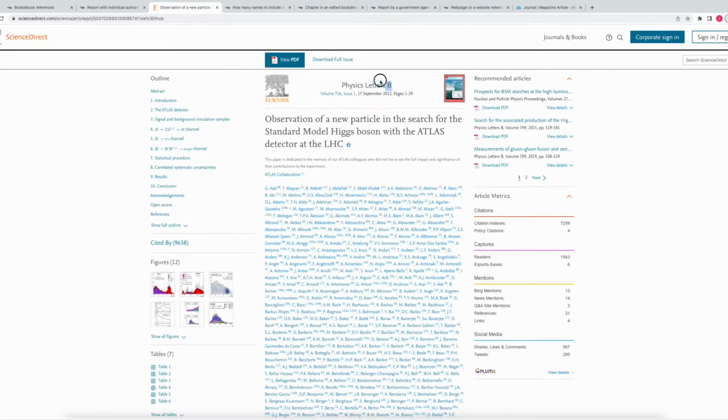So I know this is from Physics Letters B, and this is the article title, Observation of a New Particle. If you're out online, look for clues like volumes and issues. Elsevier and ScienceDirect are publishers and vendors, and it's easier to confuse them sometimes as a journal name because they are flashier and have fancy logos. But really, you want to look for this information here.